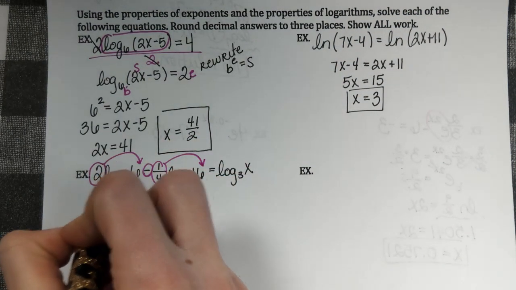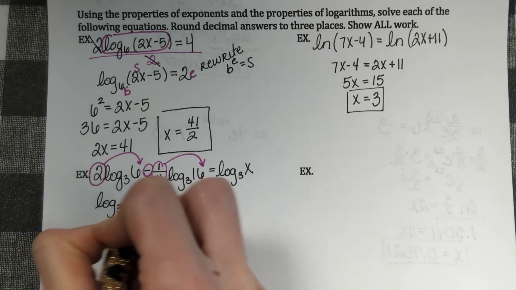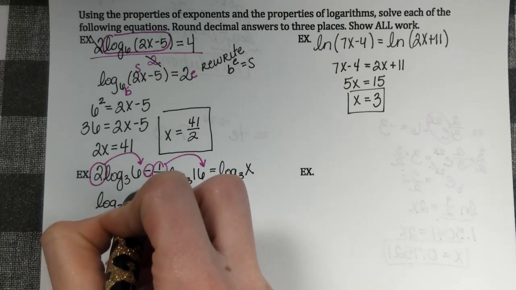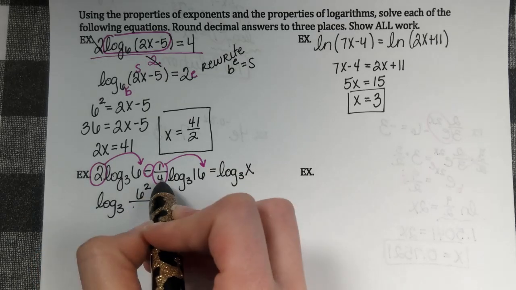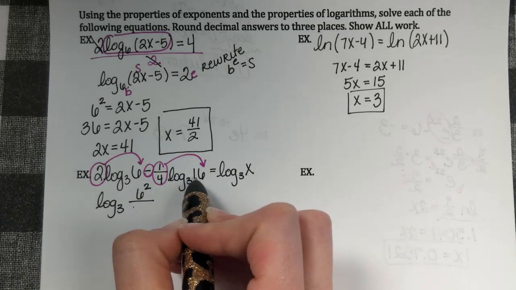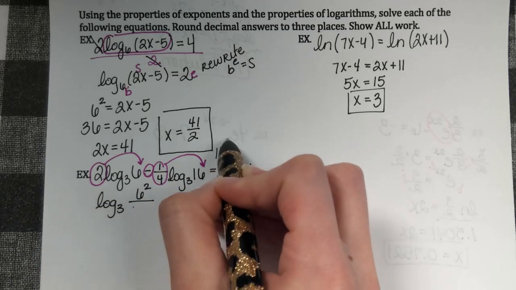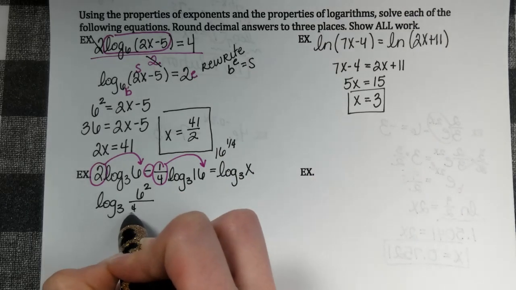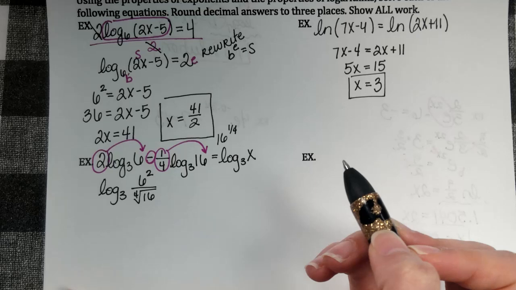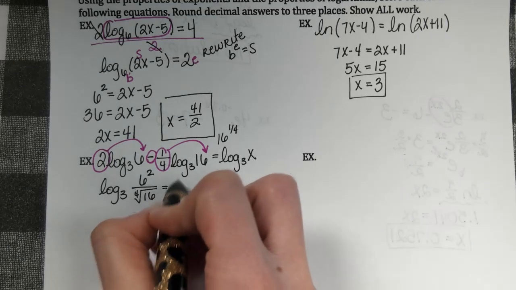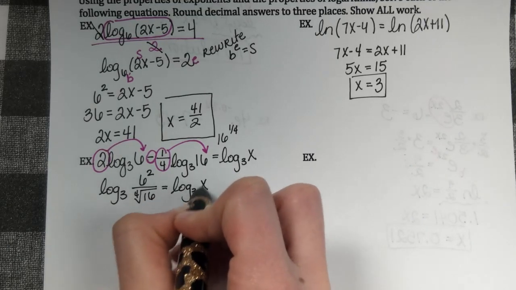Okay, so I have log base 3. I'm going to take 6 squared and divide that by, if I'm doing 16 to the 1/4 power, that's the same as the 4th root of 16. All I did was rewrite it in radical form. You should be able to go from one form to the other.